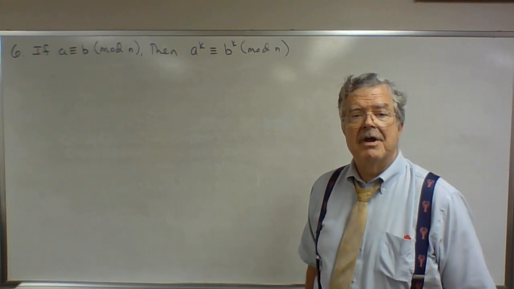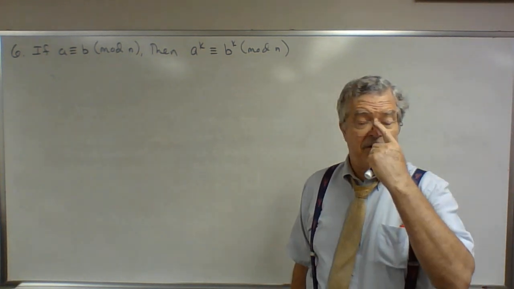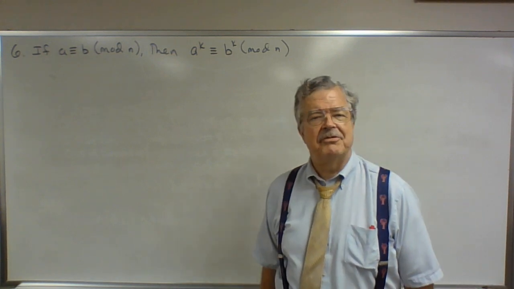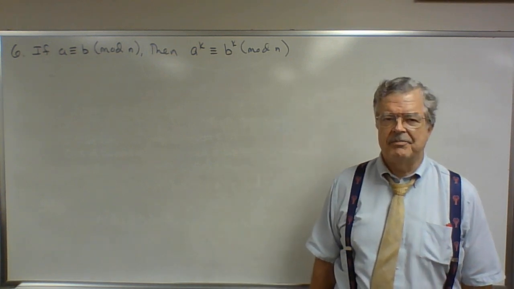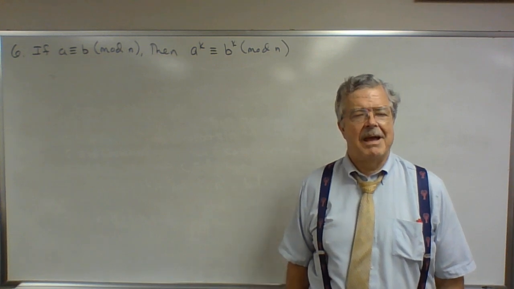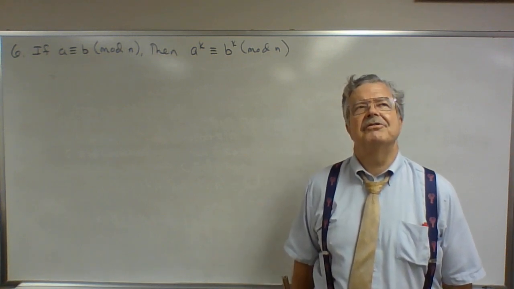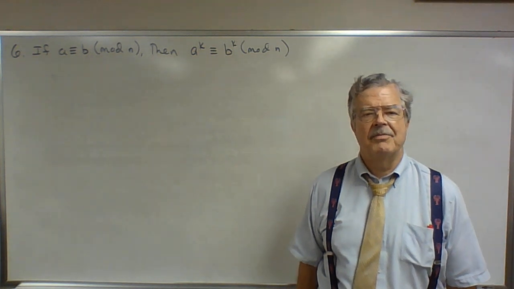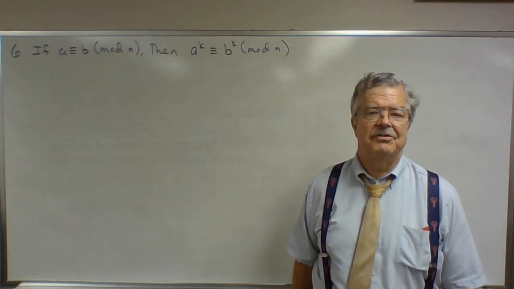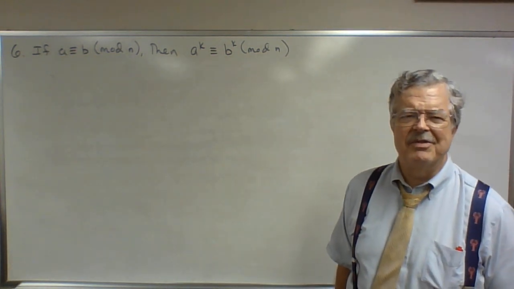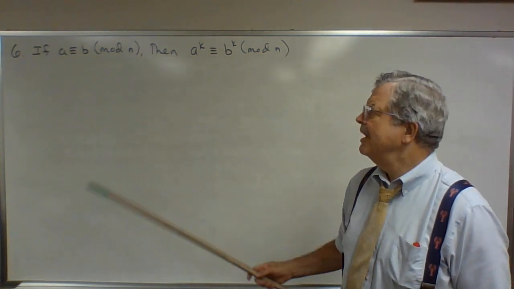Okay, next. I'm not going to do number 5 because, as I mentioned earlier, number 5 is just a special case of number 4 where C and D happen to be equal, or maybe I should say number 5 is a special case of number 4 where D equals C. So there's really nothing to prove there for number 5.